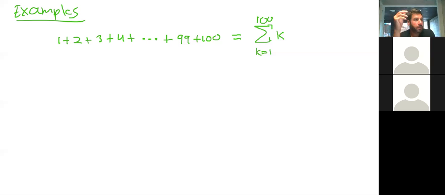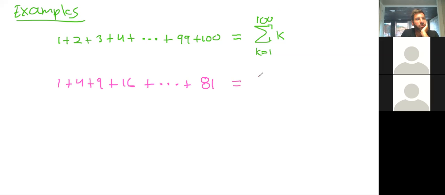All right, now, let's do another one that's maybe a different pattern and see how we do. What if I have something like 1 plus 4 plus 9 plus 16 plus, let's say, all the way up to, how about 81? How could we write this in shorthand?